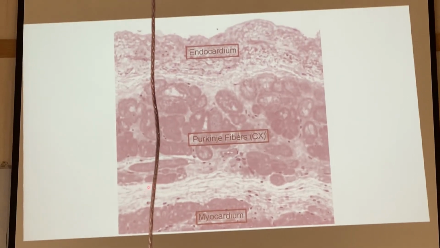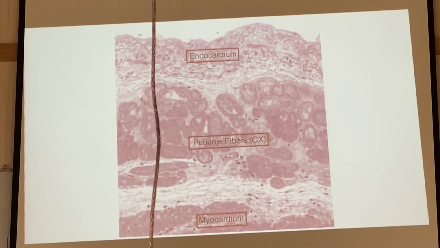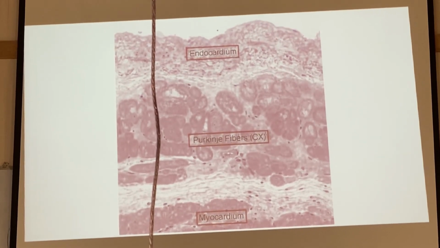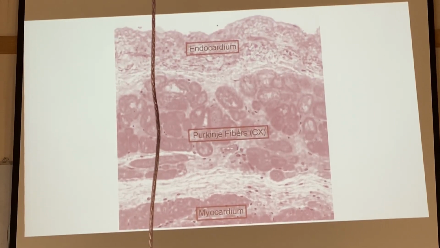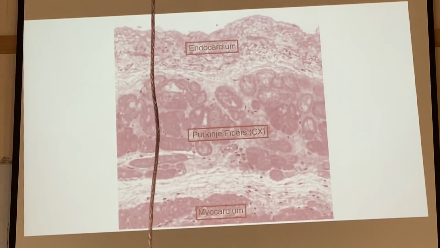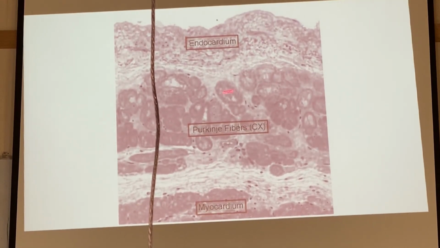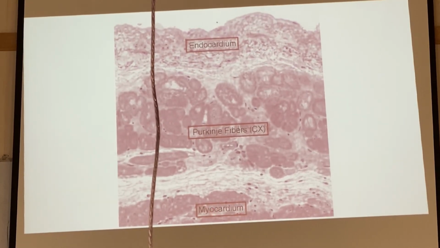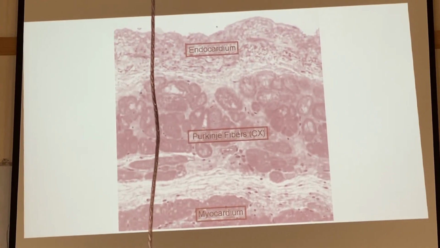And that's the subendocardial connective tissue because the Purkinje fibers are there splitting the connective tissue into the upper portion and lower portion. So in the middle, a bunch of Purkinje fibers are located there. And then we have myocardium.